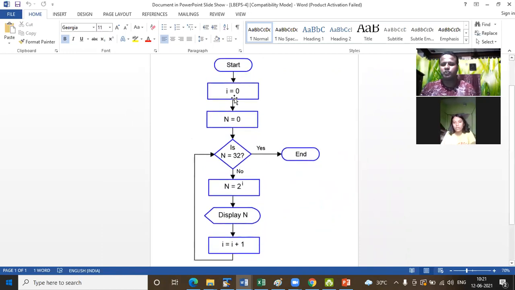Start, I is equal to 2, n is equal to 0. Is 0 equal to 32?